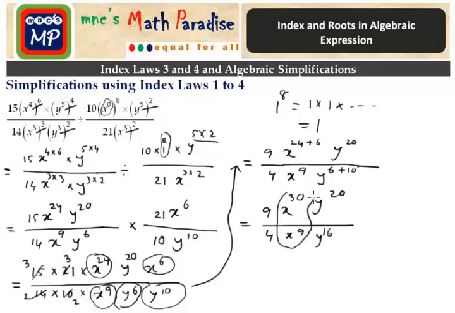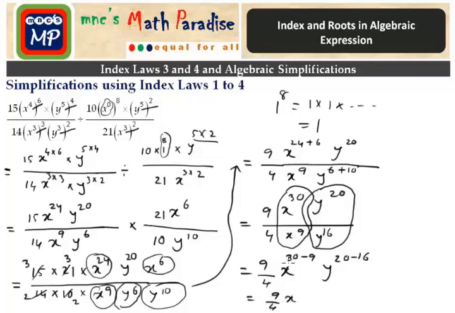Now division, index law 2, division between the same base terms, so 9 by 4 will remain as it is, x to the power 30 division x to the power 9, that means their powers will be subtracted, so 30 minus 9, and then y to the power 20 division y to the power 16, so it will be 20 minus 16. So finally we get 9 division 4, x to the power 30 minus 9 is 21 and y to the power 20 minus 16 is 4.